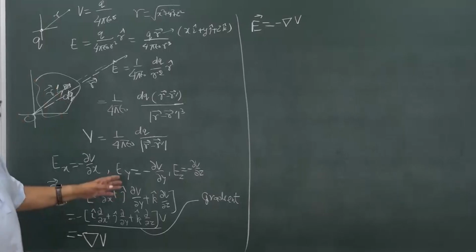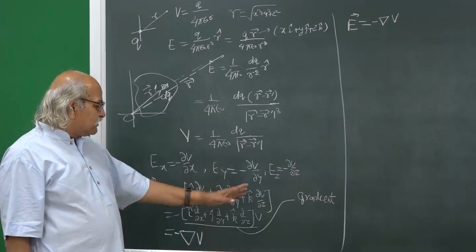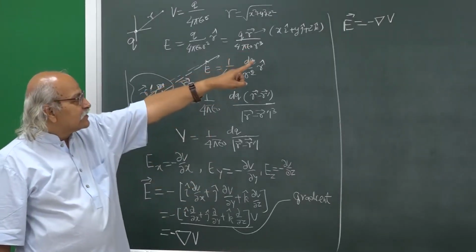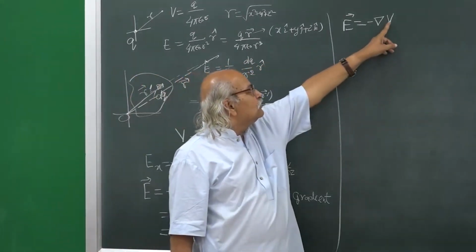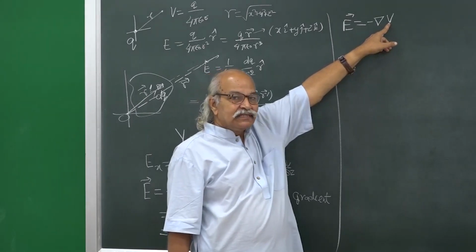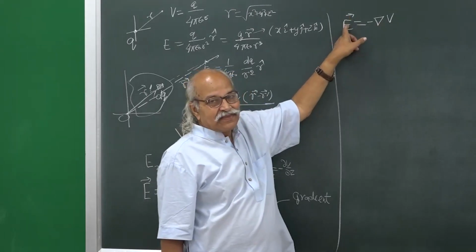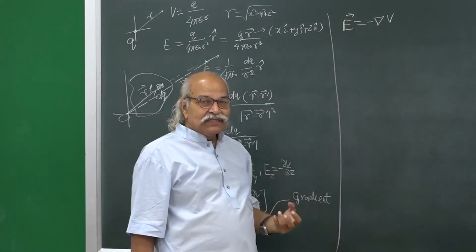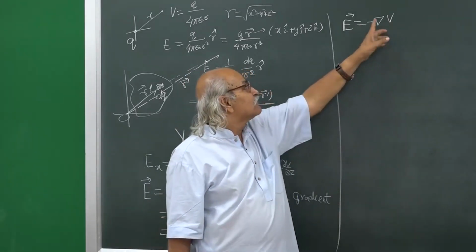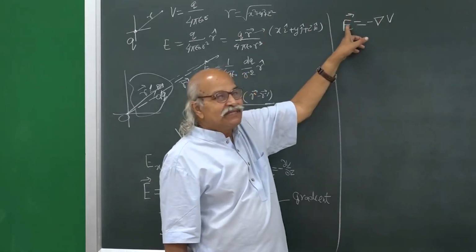Now, I have used Cartesian coordinates; in spherical polar or cylindrical polar you have different expressions, but nevertheless this vector relation is correct, that if you know this v for the given charge distribution, then using this gradient operation you can get this electric field. And how do we ensure that for every charge distribution we do have a v? If there is an electric field, I will find a v, so that this minus gradient v will be E.